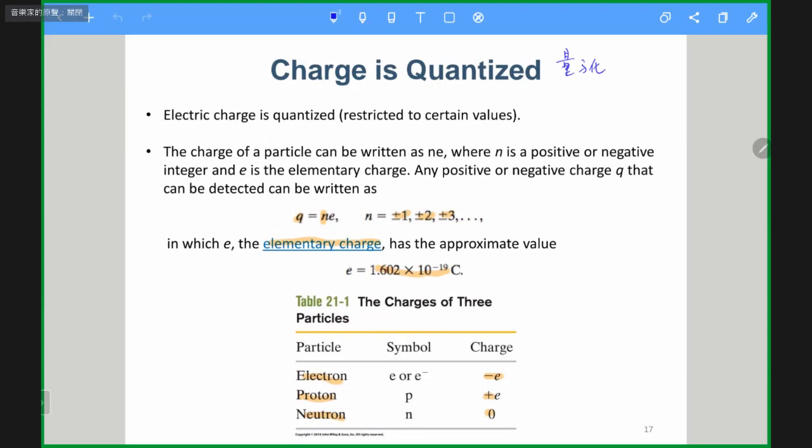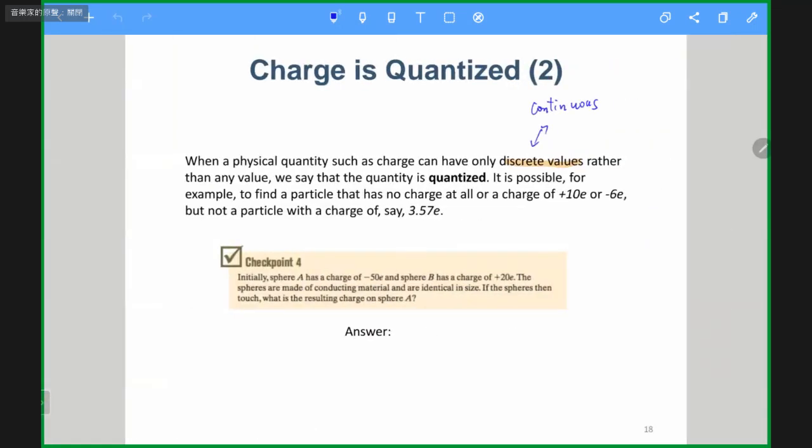You cannot further separate into an even smaller charge. When you go to a very small scale, then you will see the discrete values. That is why the charge is discretized, or quantized, rather than any value.